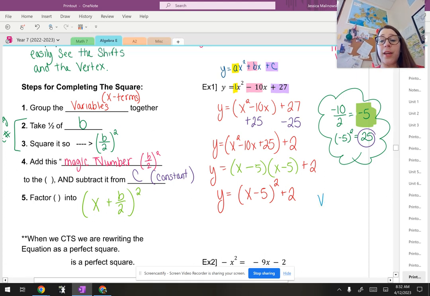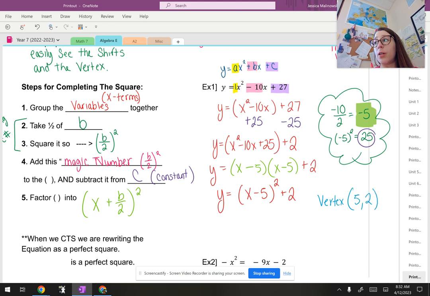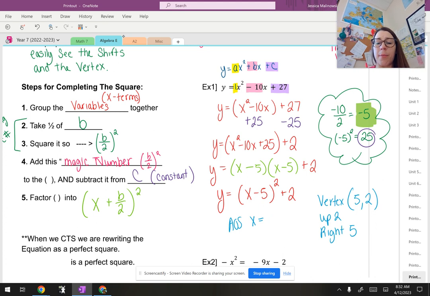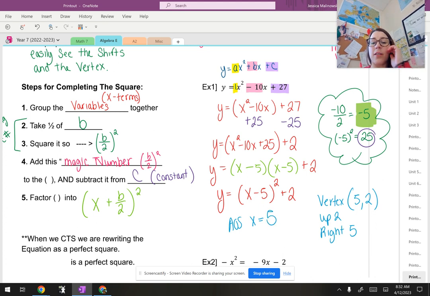This gives you a vertex of (5, 2), which means that it was shifted up 2 and to the right 5. The axis of symmetry equation would be x equals positive 5. And you might be wondering, why do we keep taking the opposite? Why are we making the 5 positive but not the 2?